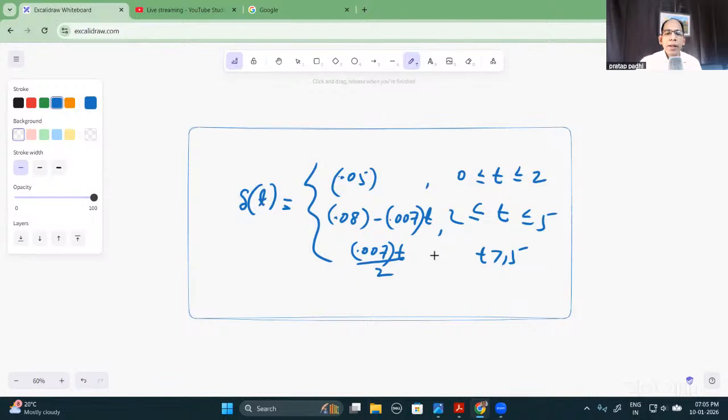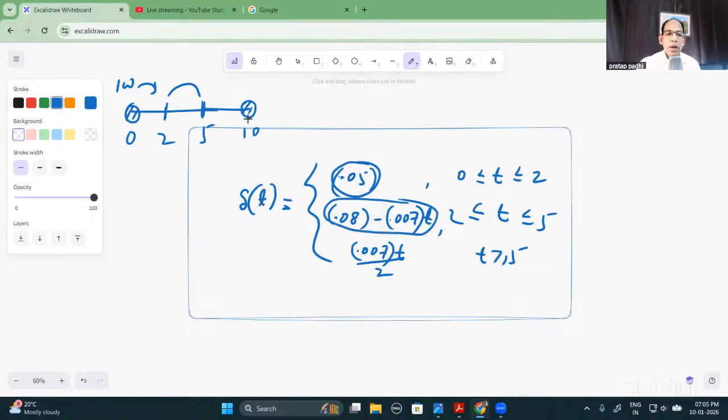Then if you deposit an amount here at 0 and you find the value at 10, how can you find? You just divide into parts, after 5, right? You make a point 2 here, 5 here, 10 here. So whatever amount is deposited, for this part you can use this 0.05, and for this part you can use this formula, and for this part you can use this.